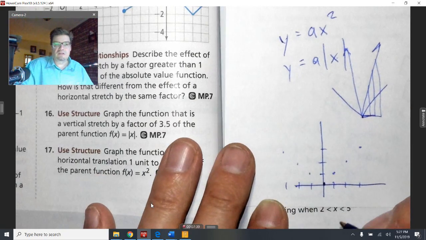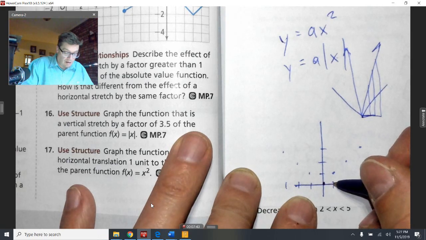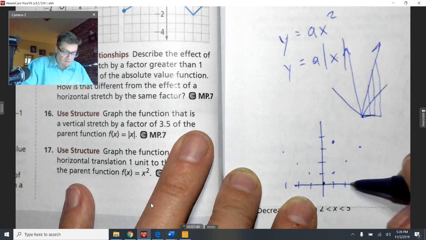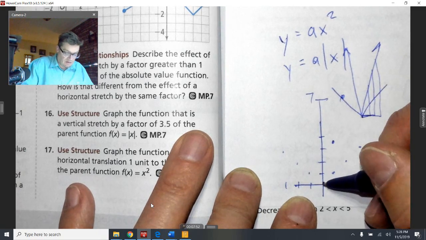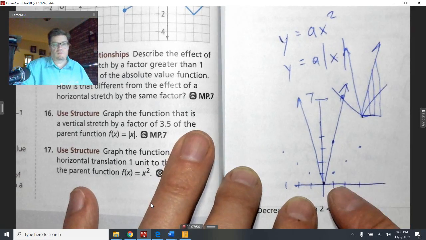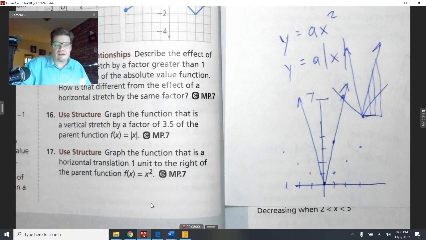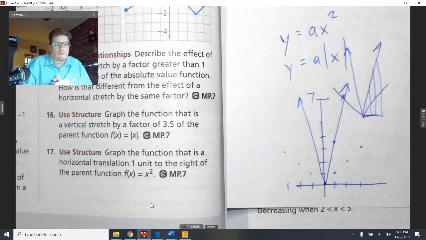But if I'm going to do it by a factor of 3.5, that means when I go over 1, I have to go up 3.5. When I move over 2, it's going to go up 7. So this is very rough, you'll have a graph on your test tomorrow. This guy will definitely squeeze or tighten towards the y-axis.